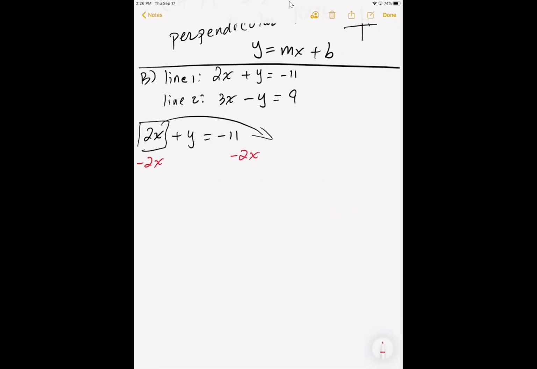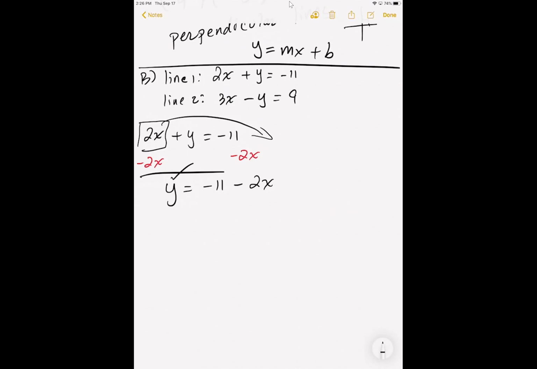If I subtract 2x, my problem becomes y equals 11 minus 2x. Y is by itself, ladies and gentlemen. Hopefully you say yes, you have accomplished your mission.